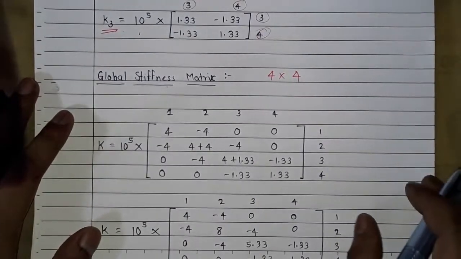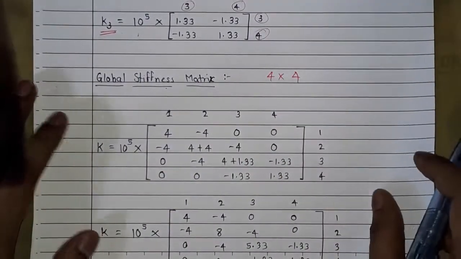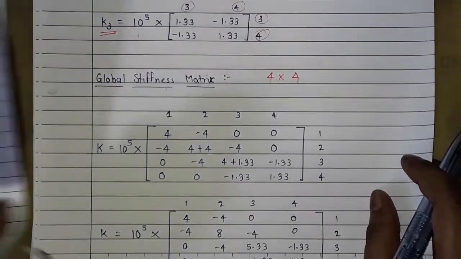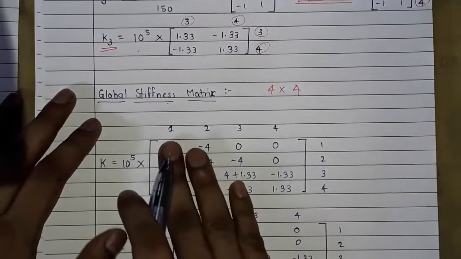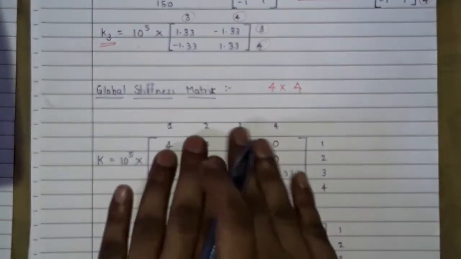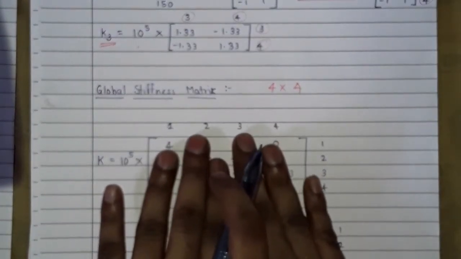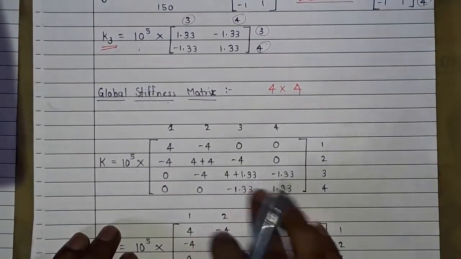Now let's see how to fill the global stiffness matrix with the element stiffness matrices. Suppose this whole matrix is blank, there is no value here. Now we will fill this empty matrix.